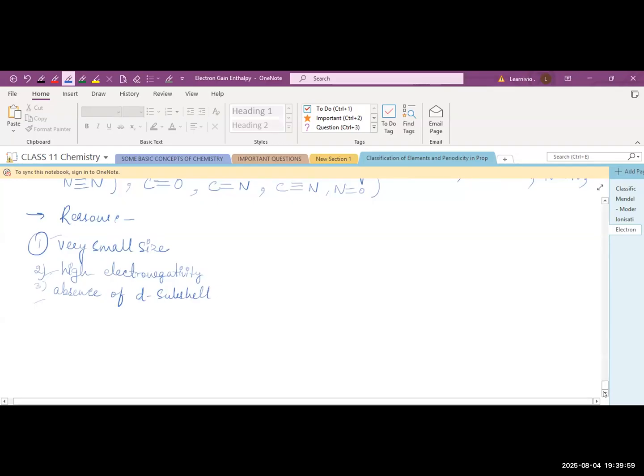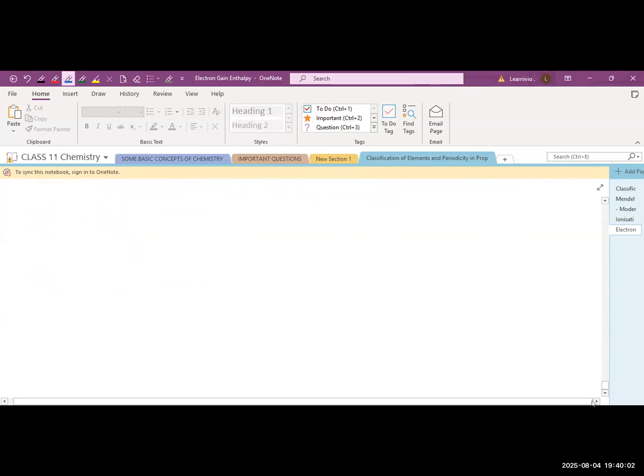Okay, let's talk about lithium itself. First, we will discuss the diagonal relationship. Diagonal relationship.